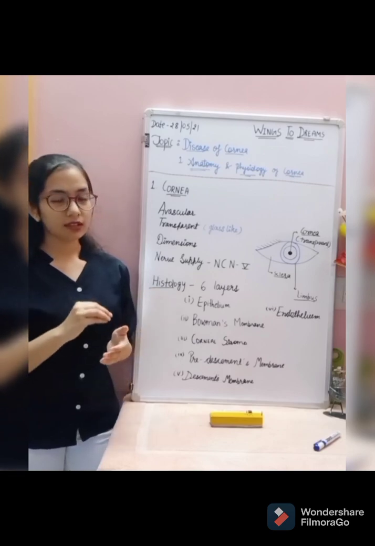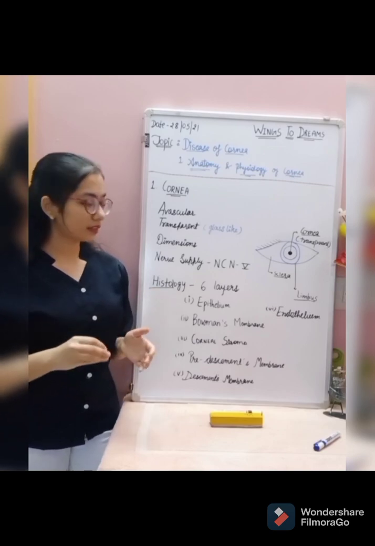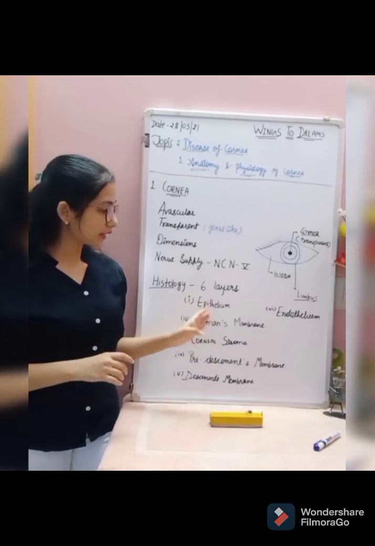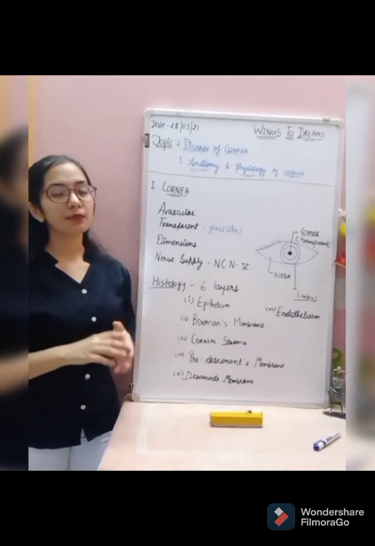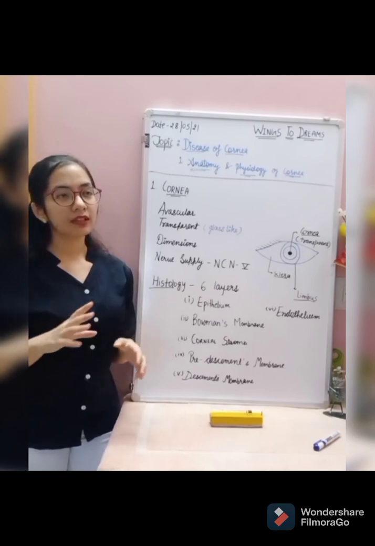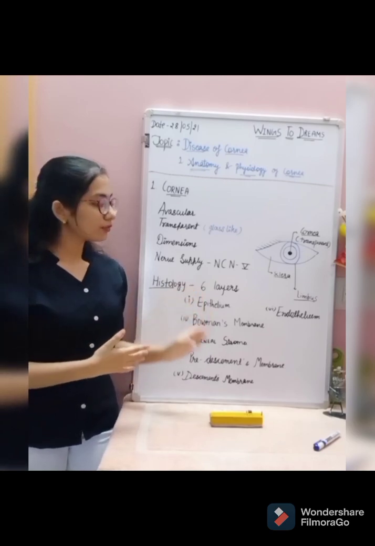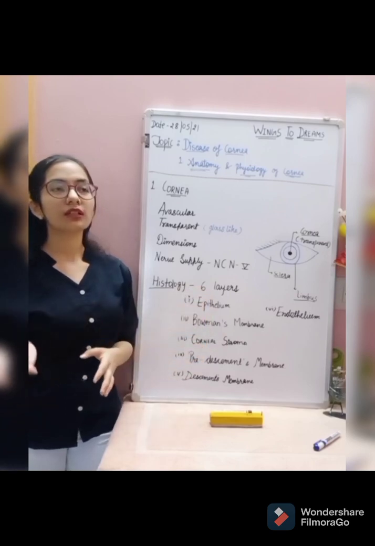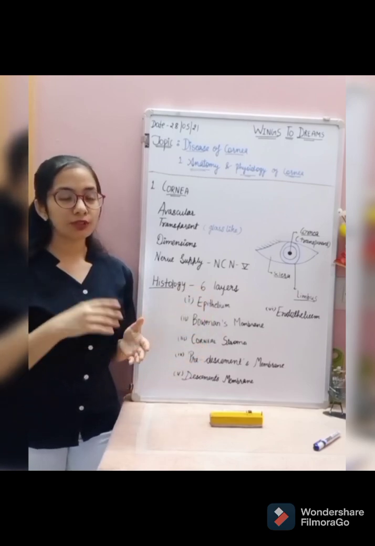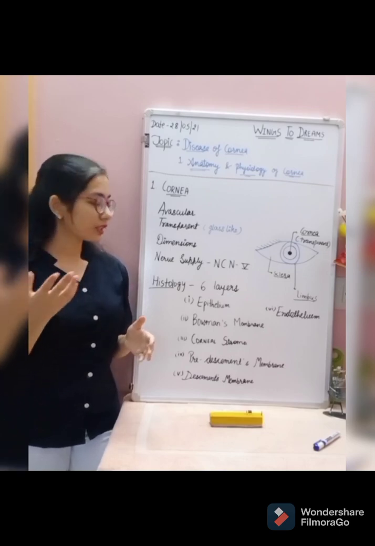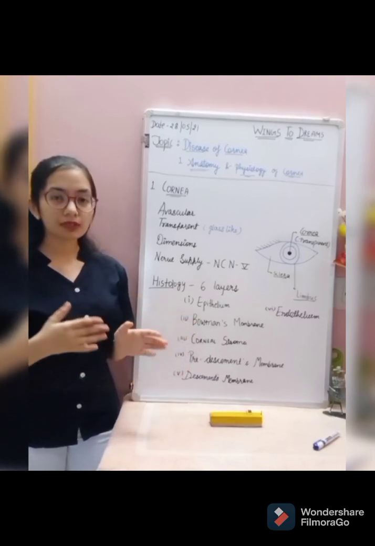Especially I want you to learn this much. The most important thing is the epithelium and its membrane, so that we can learn what the diseases and anomalies are. You should know the functions of these 6 layers, which kind of layer can regenerate and which cannot, and the features of each layer.